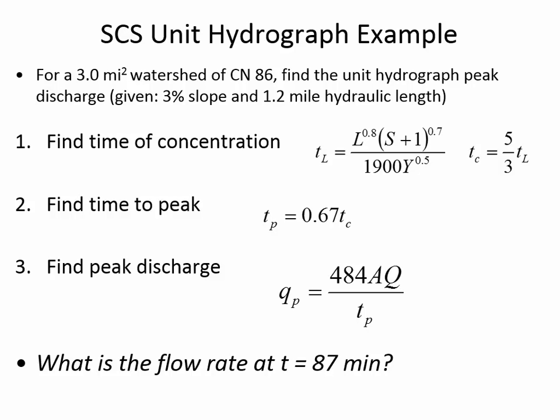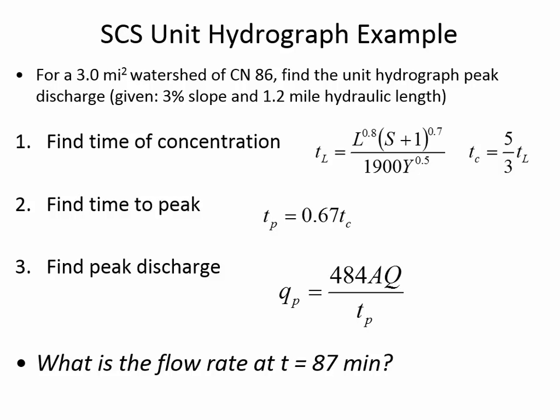That's the conversion between miles and feet. 6336 feet. Okay. So here's L to the 0.8 power. Now S plus 1, so 1.63 plus 1, and that to the 0.7 power, over 1900. And now the slope in terms of percent, that'll be 3 to the 0.5 power.